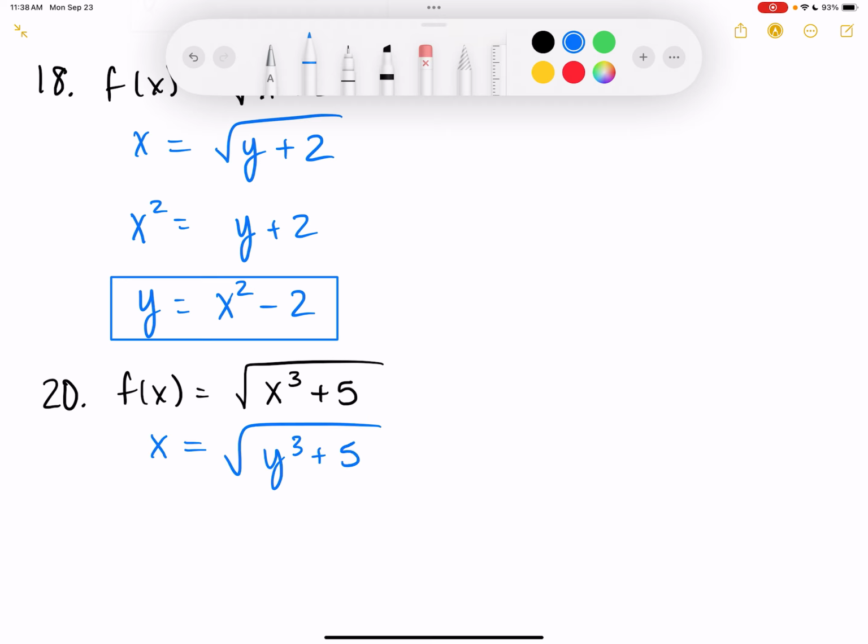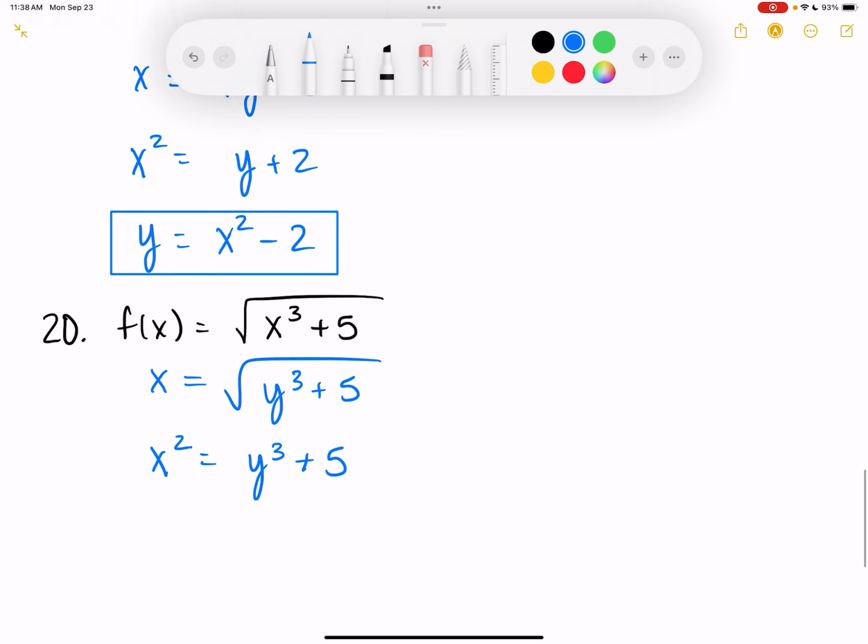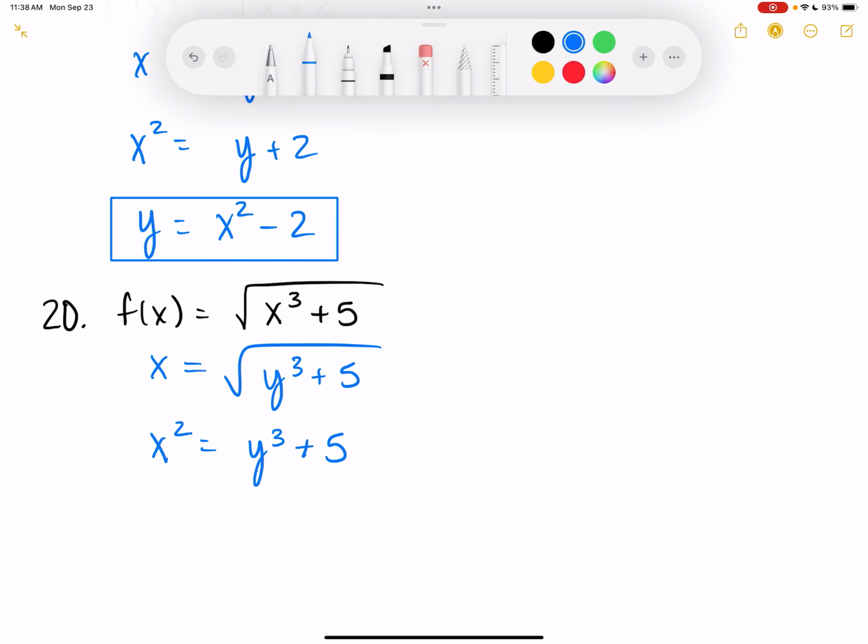Now I'm going to square both sides. So x squared equals y cubed plus 5. Subtract the 5, so y cubed equals x squared minus 5. What do I have to do now? Because I need y completely by itself. Yep, cube root. So y equals the cube root of x squared minus 5.